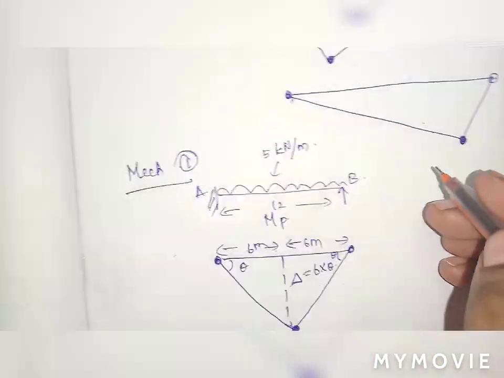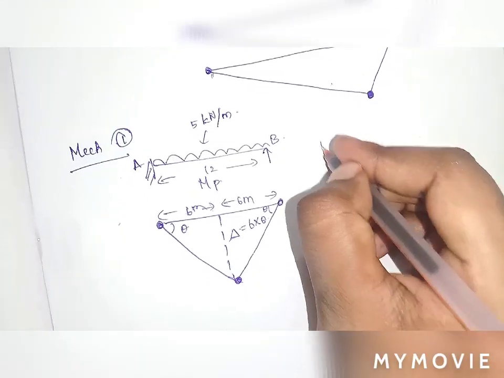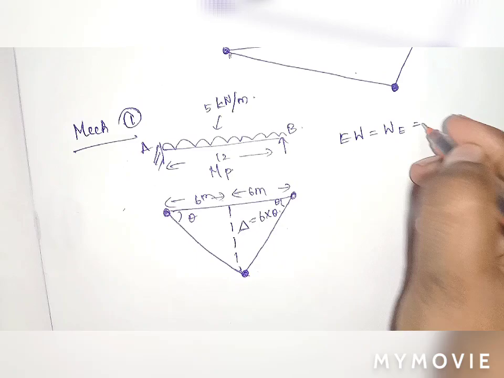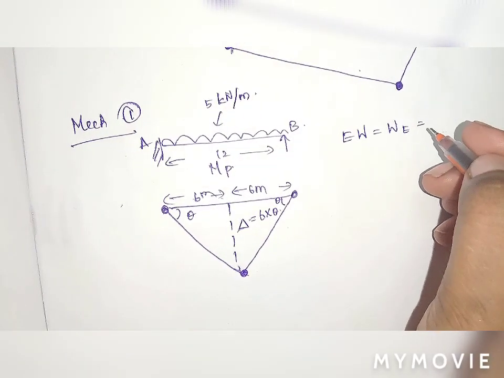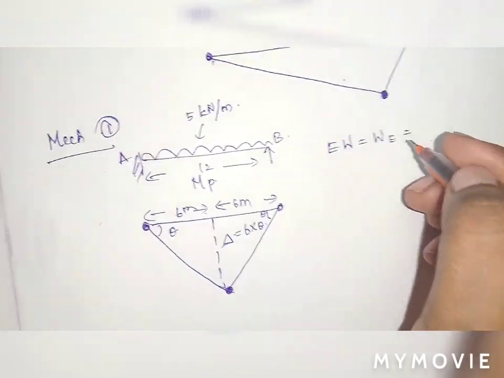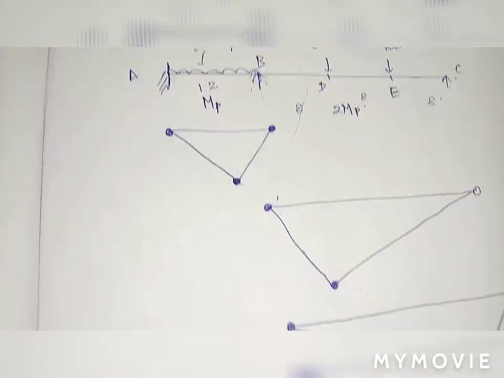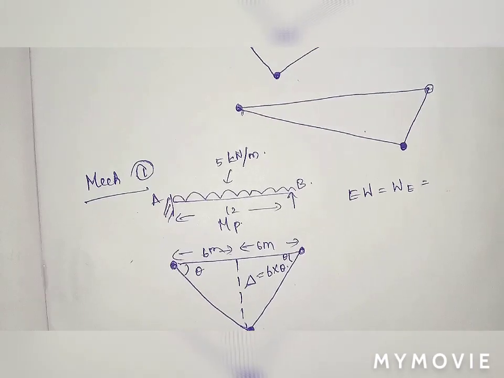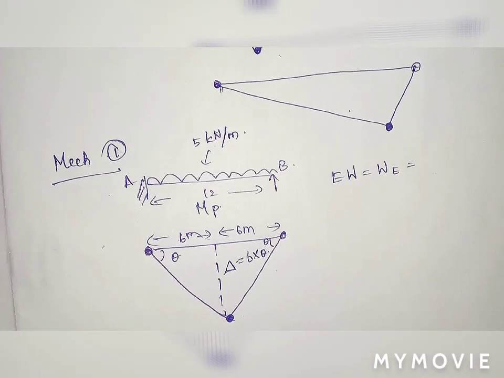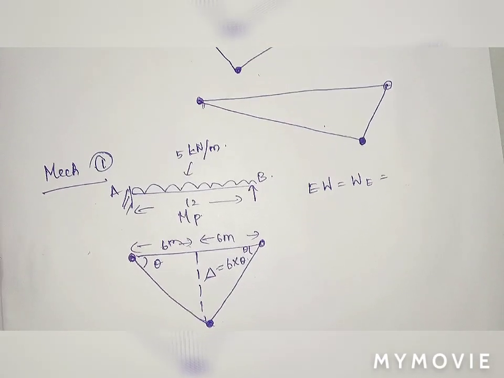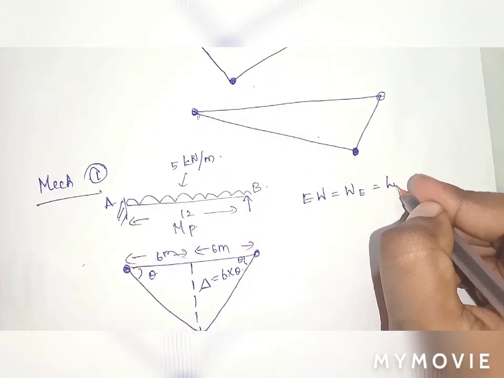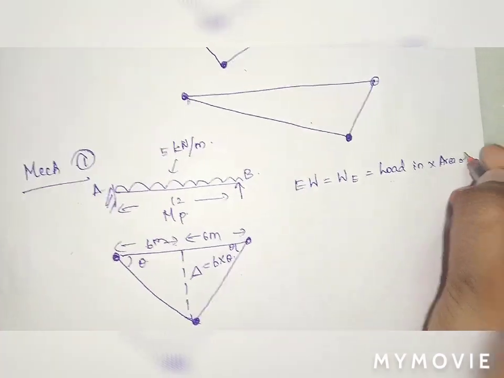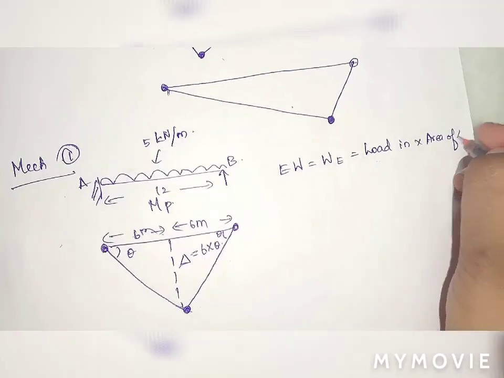Okay. So the external work done, WE, is equal to the load into the corresponding deflection in the case of a point load. But in the case of UDL, it is equal to the load intensity into the area of the triangle.